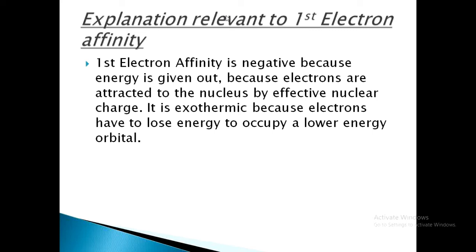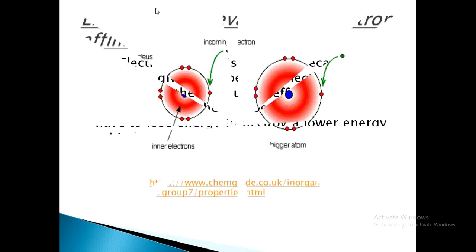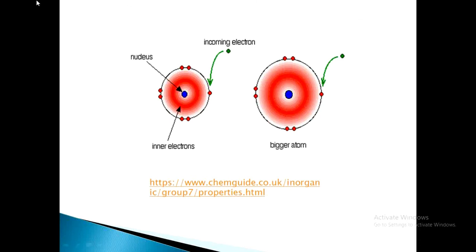So the basic thing that makes first electron affinity an exothermic process is that the electron is moving from a higher energy level to a lower energy level and is coming under the pull of the nucleus, which holds that electron to make an anion. Here you can see by the diagram that the incoming electron is at a higher energy level.